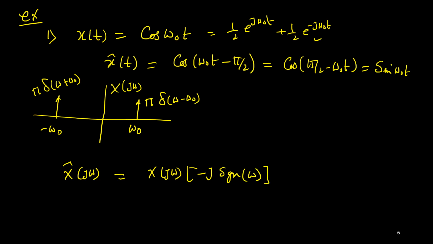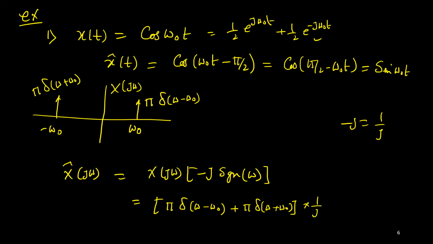Here X of j omega is pi delta omega minus omega naught plus pi delta omega plus omega naught, for cos. And minus j we can write as 1 upon j, which is easier to understand. So it is 1 upon j times signum of omega.